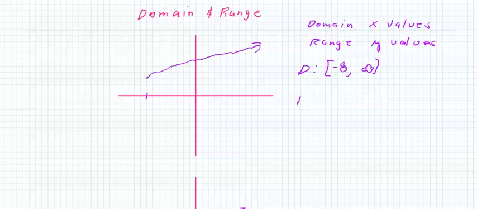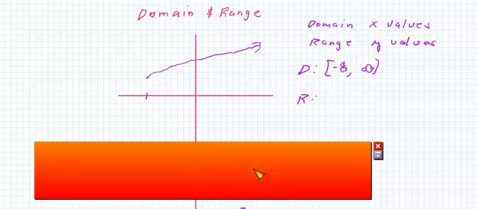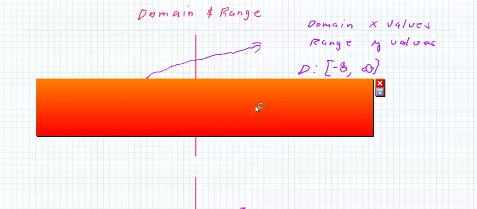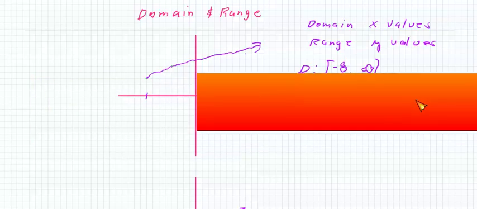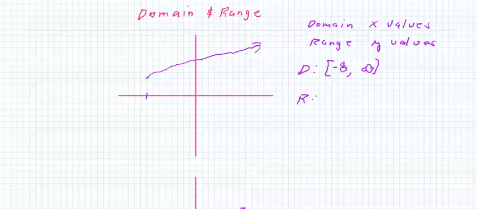Now for my range. Starting on the y-axis, the negative side, I slide up until I hit the graph. Right there I hit the graph. Where is that? Positive 3. Right here at positive 3.